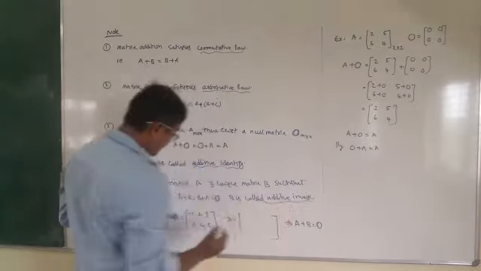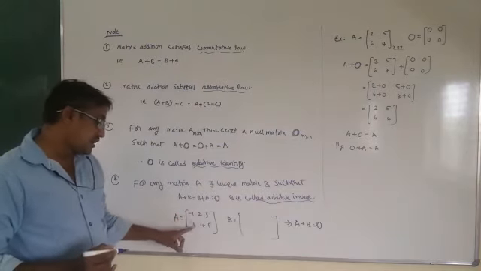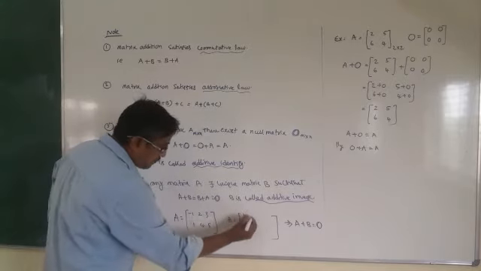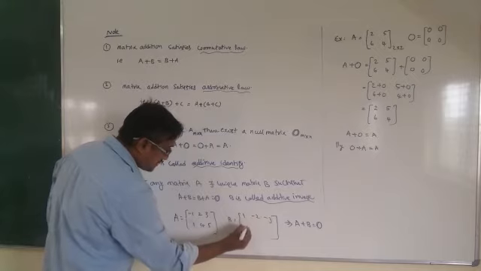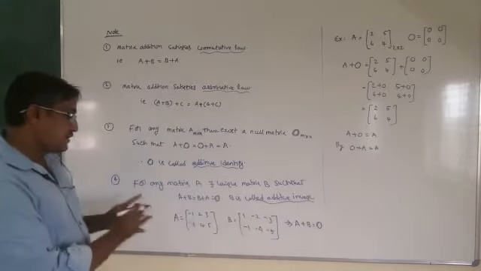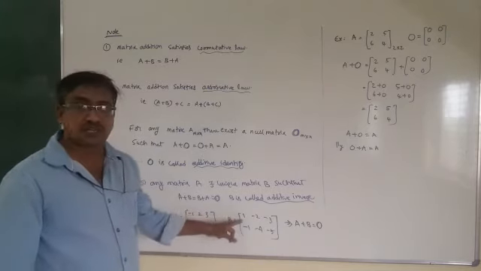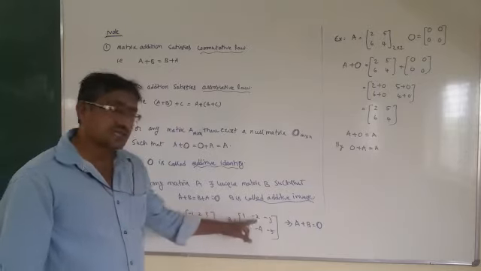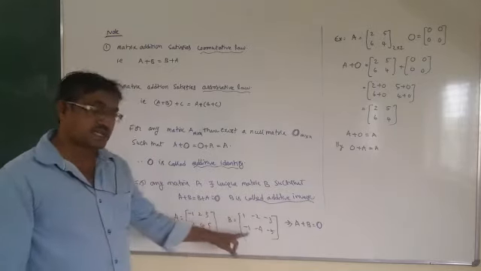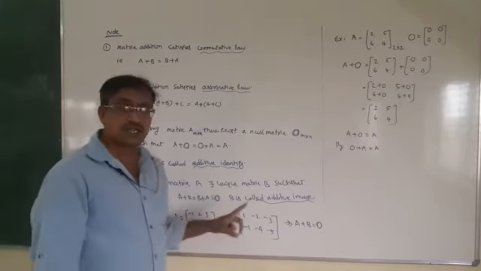Now you can see, if capital A is equal to matrix -1, 2, 3, 1, 4, 5, let us consider B as 1, -2, -3, -1, -4, -5. Now if we add these two matrices, you will get -1 plus 1 is 0, 2 minus 2 is 0, 3 minus 3 is 0, 1 minus 1 is 0, 4 minus 4 is 0, 5 minus 5 is 0.